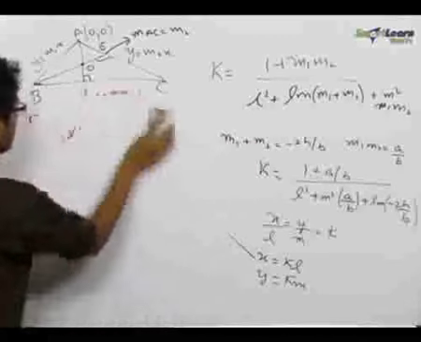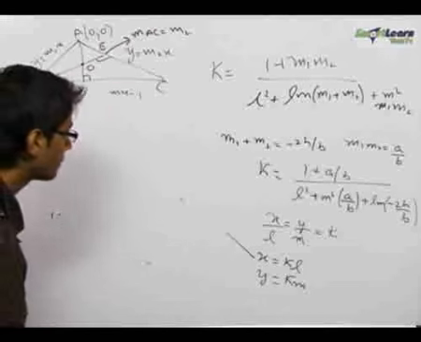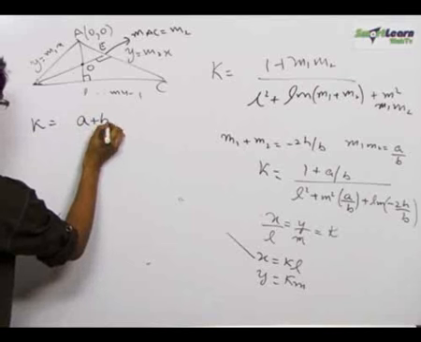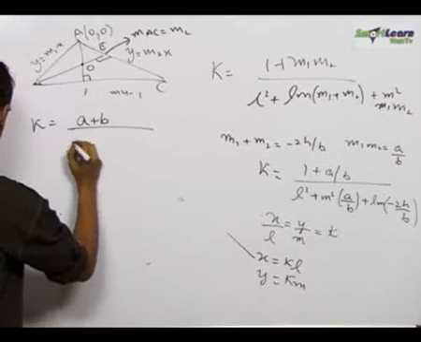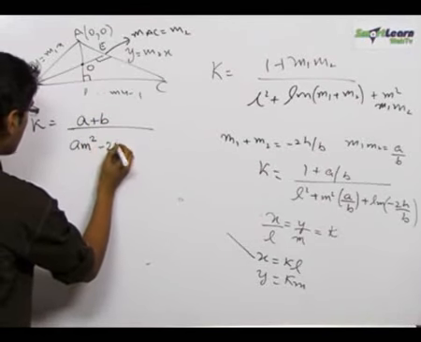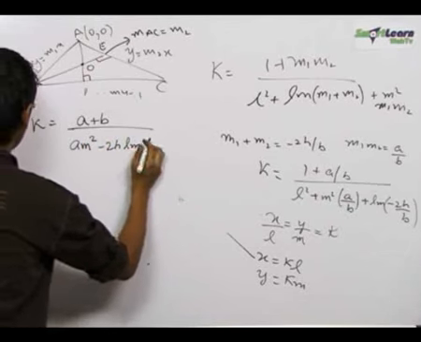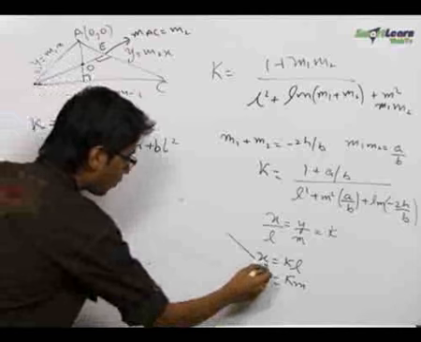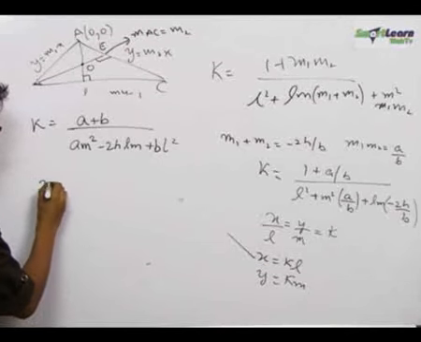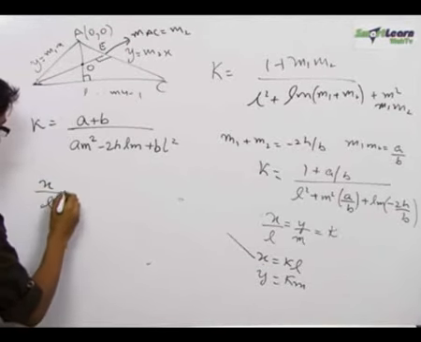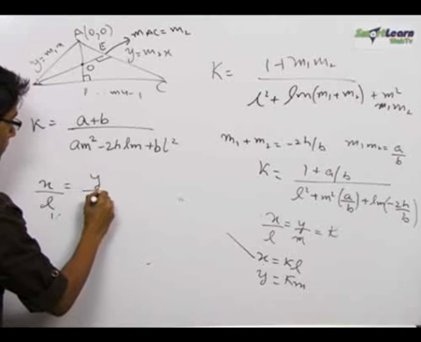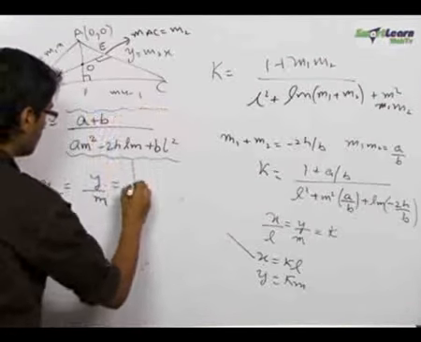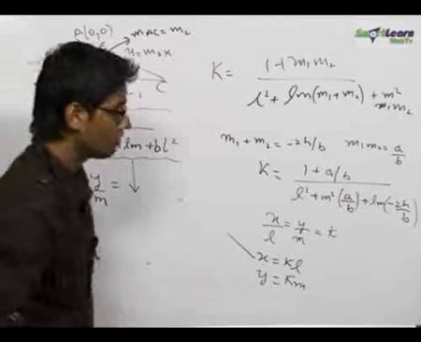On simplifying and rearranging the terms, we get k equals (a plus b) upon (am square minus 2hLm plus bL square). On putting the value of k in this equation, we get x upon L equals y upon m equals this whole value, and this was the result which we needed to prove.